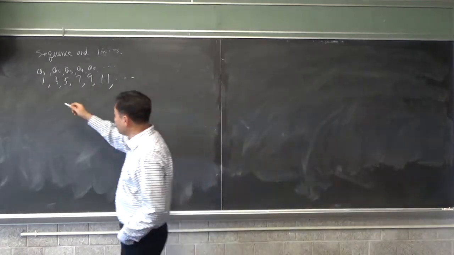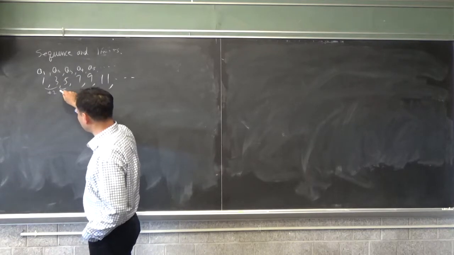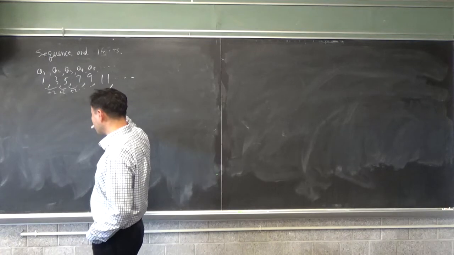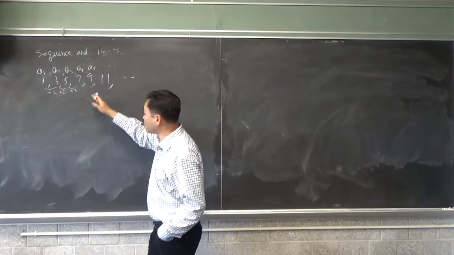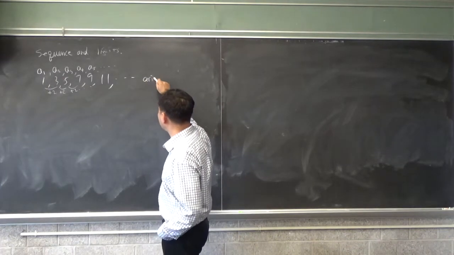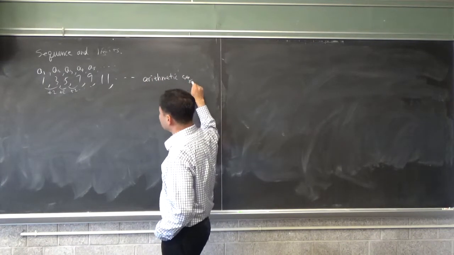Now, if a sequence moves by adding a constant number to get the next one, that's called an arithmetic sequence.